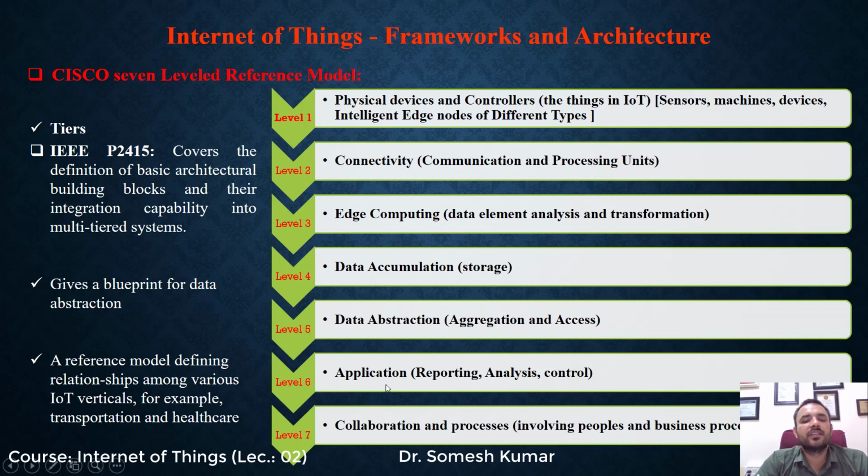Level 6 is basically the application part. Reporting, analysis and control is level 6. Level 7 is collaboration and processing, basically the IoT business part.